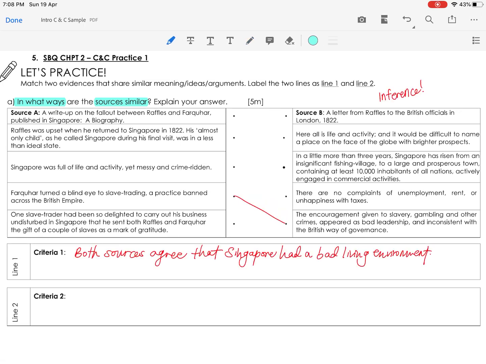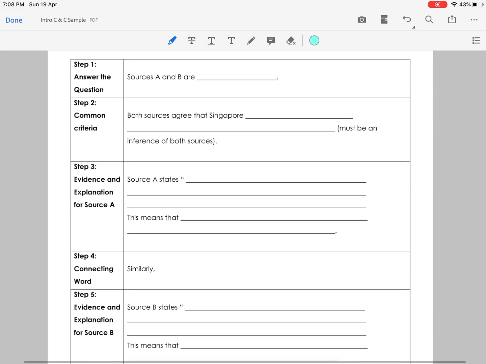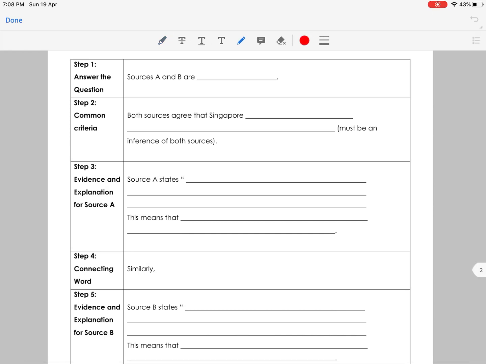Okay, if you're done, you can turn to the next page, and we're going to apply this common inference into the 6 steps in writing out your comparison paragraph. Step number 1, answer the question. Sources A and B are similar.